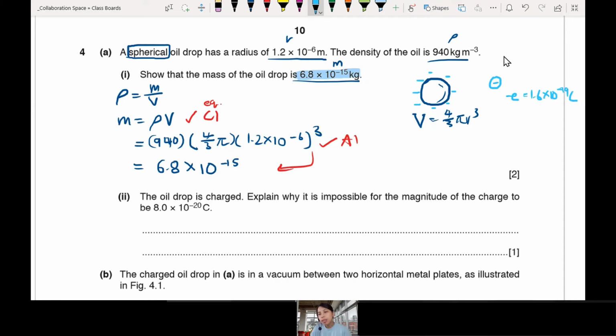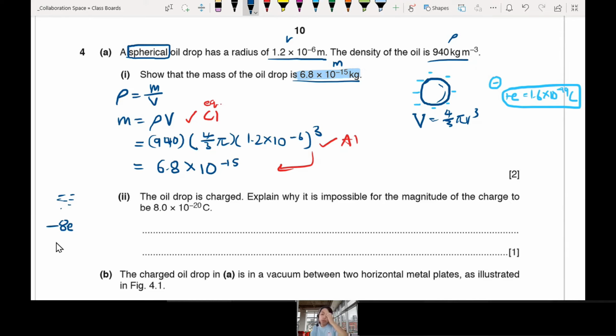So if your charge is made of electrons and protons, which both have this constant value of 1.6, you cannot go smaller than that. So 8.0 times 10 to the negative 20 is way too small to be possible. No, we cannot have that. If you have 8 electrons, 1, 2, 3, 4, 5, 6, 7, 8, then you are 8e, negative or positive, then yes, that is allowed.